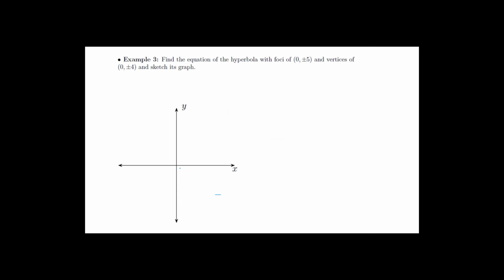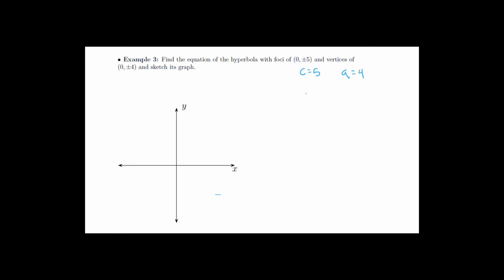All right, now example 3 says to find the equation of the hyperbola with foci of (0, 5) and (0, -5), and vertices of (0, 4) and (0, -4), and then sketch the graph. Okay, so the fact that the foci are (0, ±5) means that c is equal to 5. And the vertices are (0, ±4), which means that a is equal to 4.